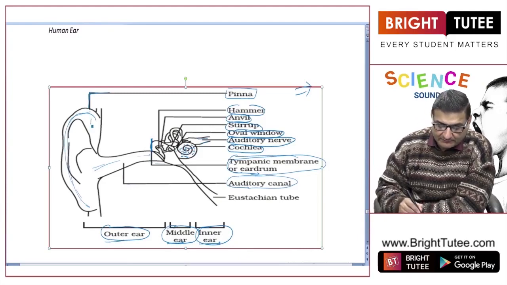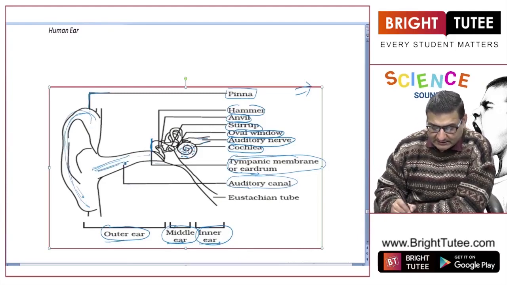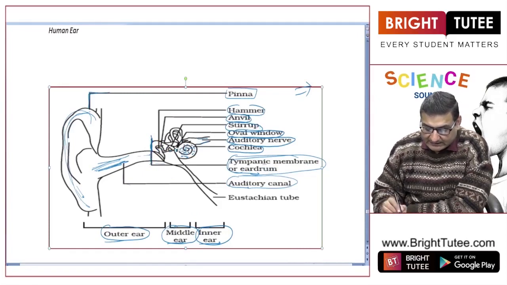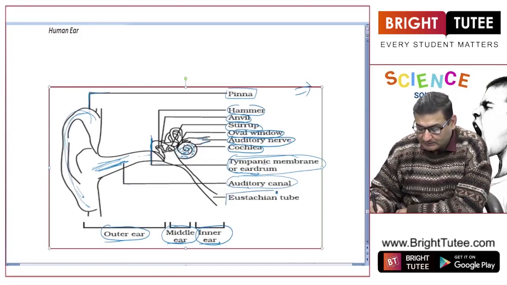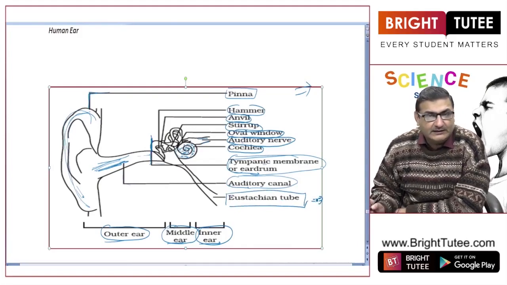The outer ear is composed of the pinna and the ear canal or auditory canal. From here the middle ear starts, where the first part is the tympanic membrane or eardrum. Then we have 3 very small bones known as the hammer, anvil and stirrup. Then there is an oval window from where the circular cochlea starts, containing a fluid, and here we have the auditory nerve. One more label you can see at the bottom is the Eustachian tube. I will be studying this with the working part of the human ear.